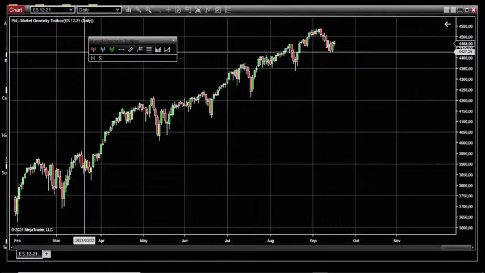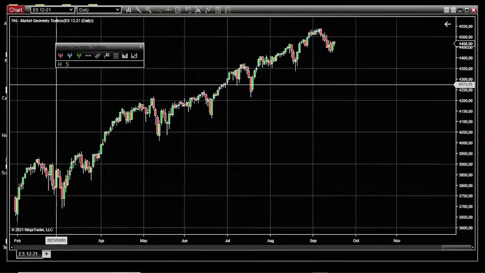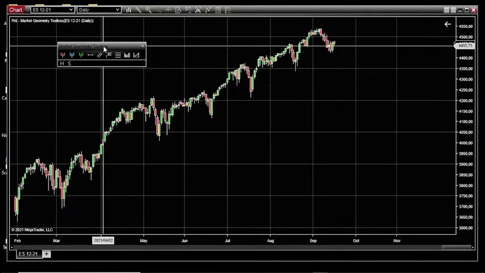I'm going to go through all of these buttons and what they mean, and just keep in mind, although I'm showing this on NinjaTrader, that it's exactly the same on MetaTrader 4 and MetaTrader 5. So if you're a user of those platforms, then this is definitely something you might want to have a look at.